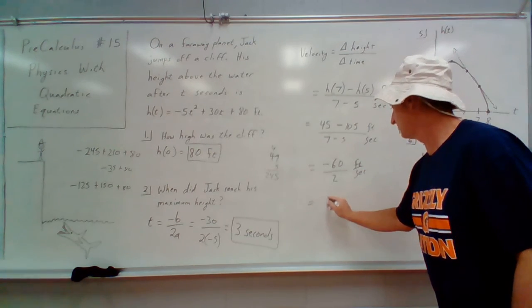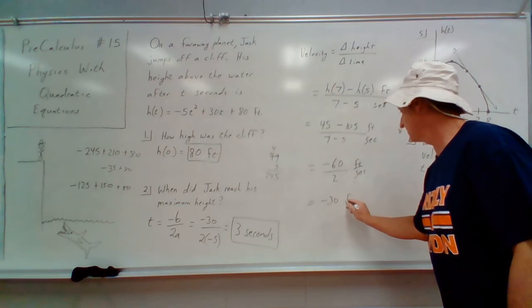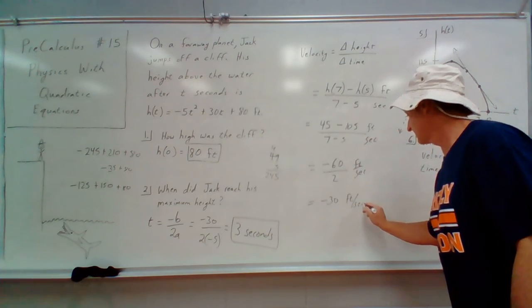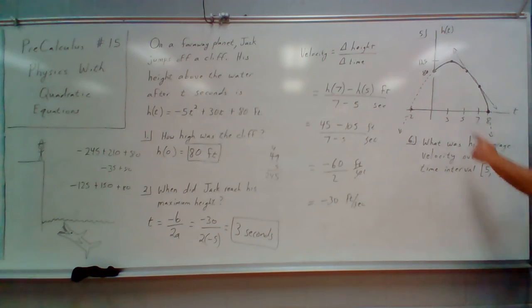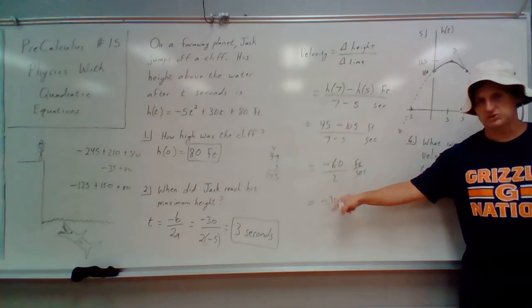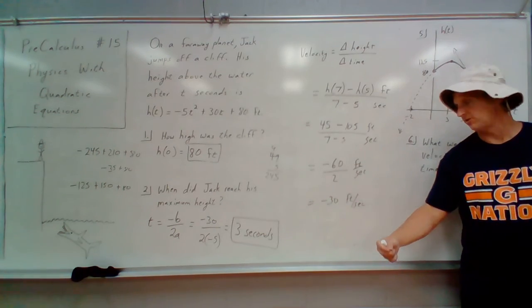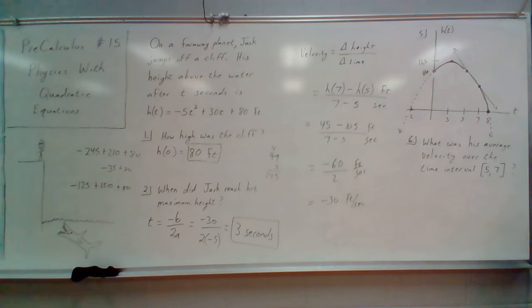Reduce that just a little bit more, and I get negative 30 feet per second. So the slope of this secant line is negative 30. It should be negative. It's going downhill. The velocity should be negative because Jack is falling, so that makes sense. And everything looks good.